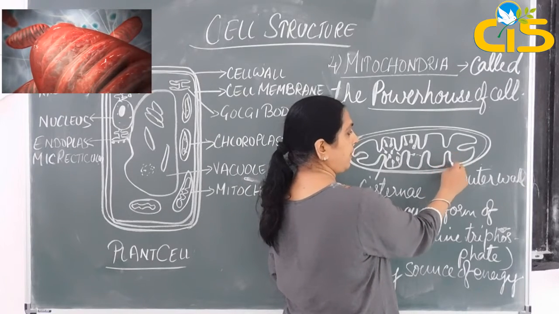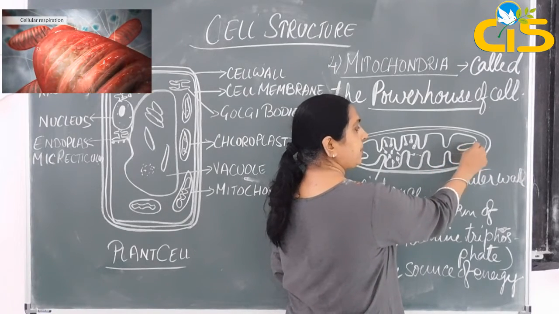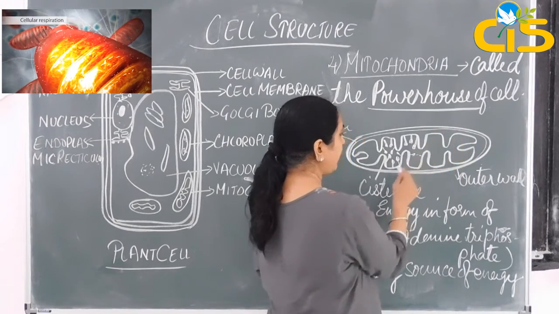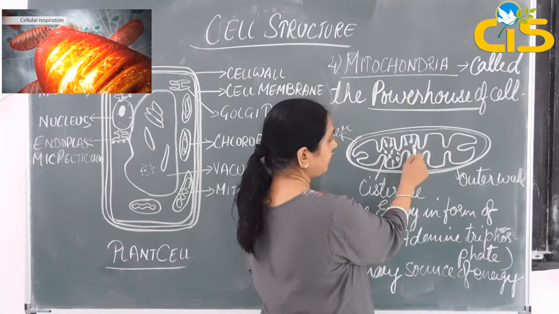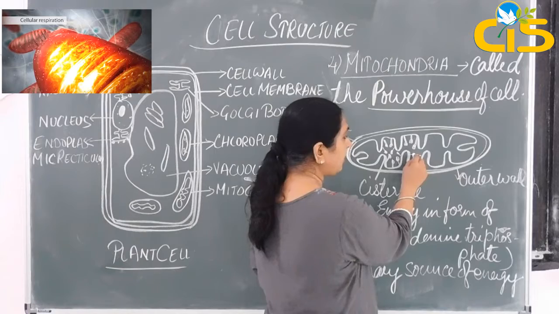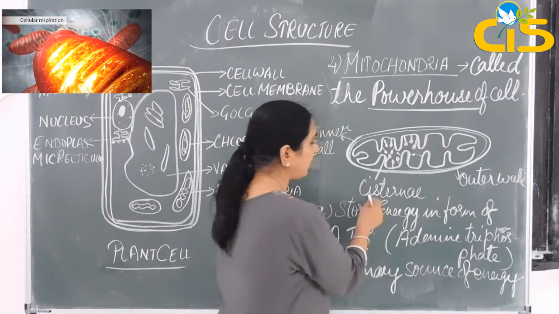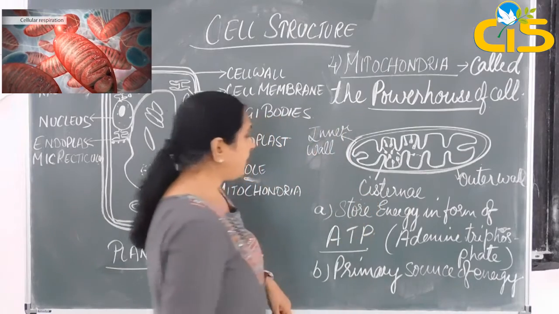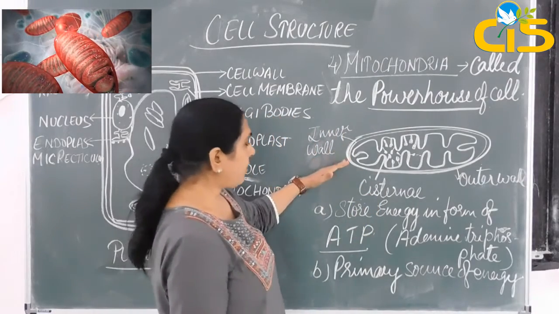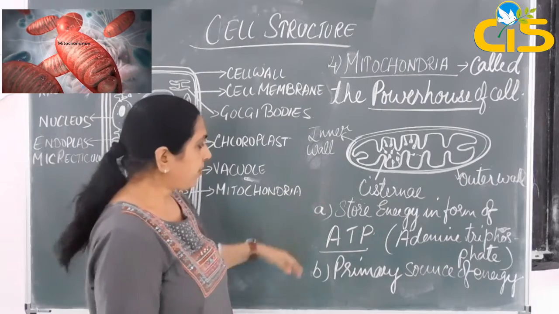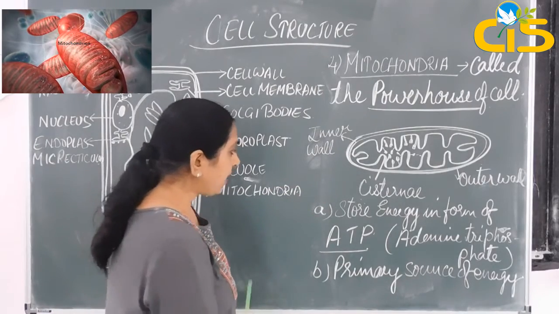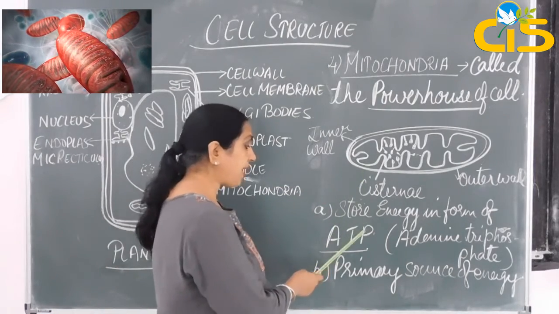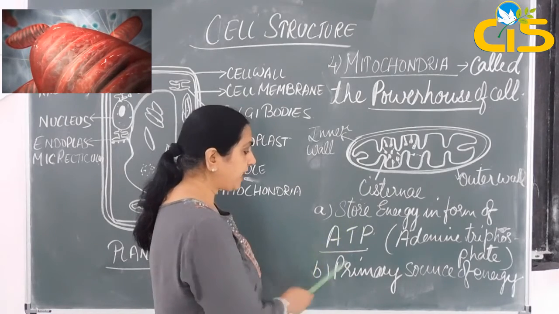It is an infolded, finger-like structure which is moving inward, and it has some small dotted structures called the cisternae, and it is called the storehouse. It produces energy, and this energy is stored in the form of ATP.